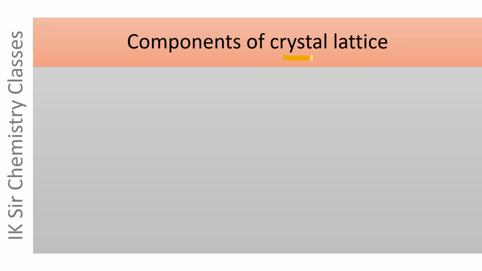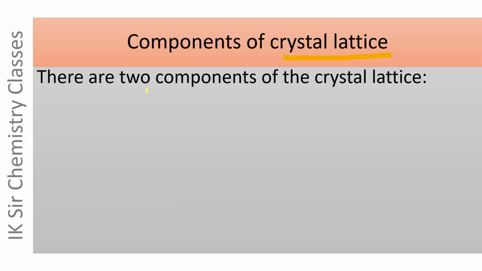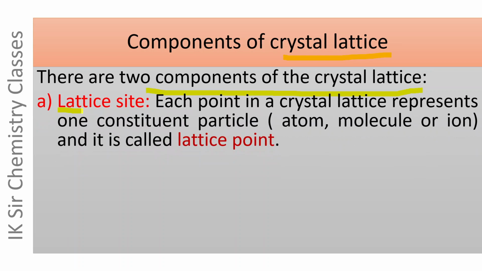Components of crystal lattice. There are two components of the crystal lattice, and these are, first of all, lattice site. Each point in a crystal lattice, each sphere in a crystal lattice represents one constituent particle, which may be an atom, molecule, or ion, and it is called lattice point.